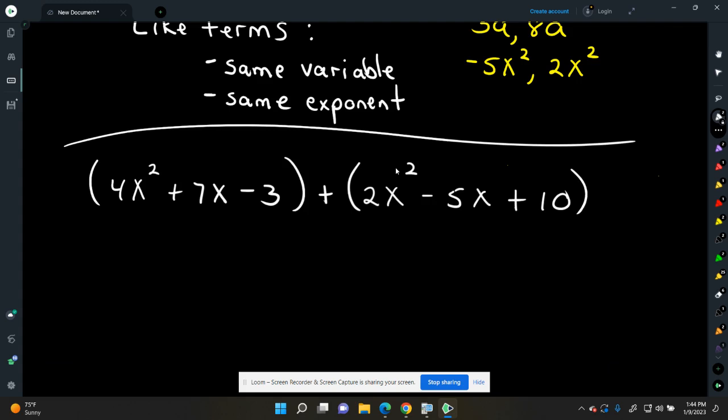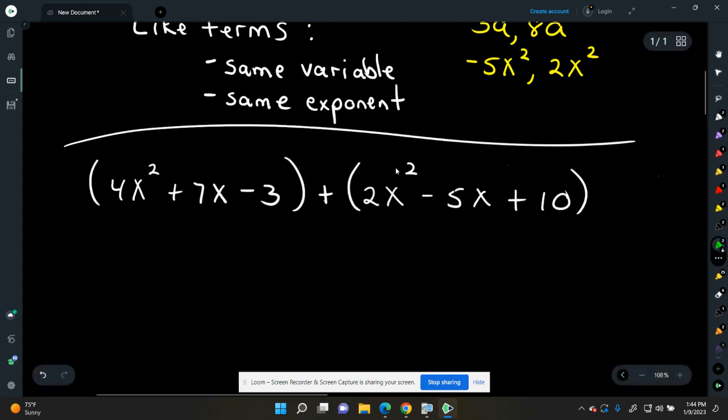So what we're going to do is group our like terms together. So the first thing we see is a 4x squared. So let's find the like terms. Where's another like term? 2x squared. So 4x squared plus 2x squared.